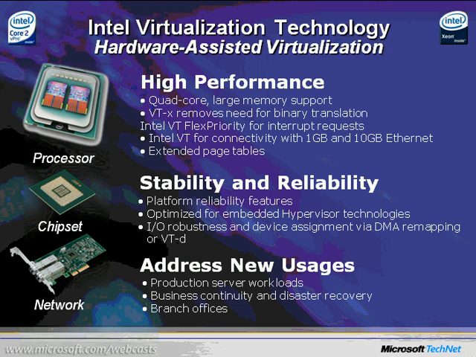The Intel VT architecture, the Intel VT feature set, is included with the current shipping Intel server CPUs and server chipsets. And in terms of processor support, they provide quad-core 2 and 4 socket capabilities for very large capacity virtualization.